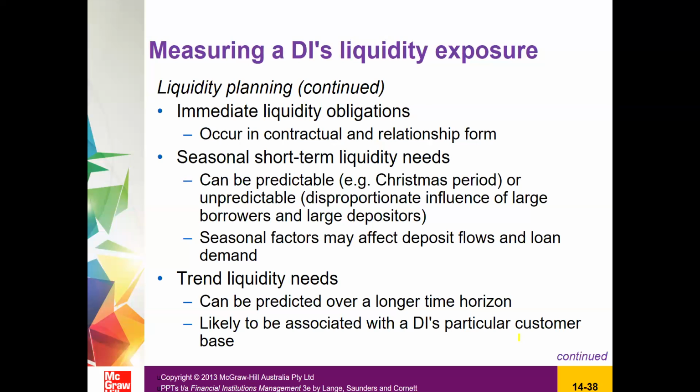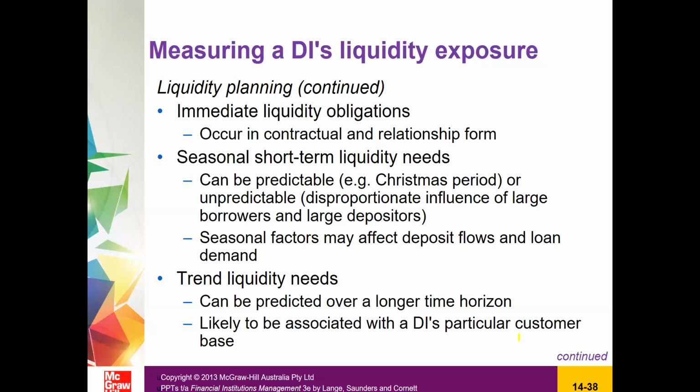And in summer, for example, sale of harvest when deposits rise. Unpredictable needs can arise from large depositors and large borrowers that may influence short-term liquidity needs of a depository institution disproportionately.